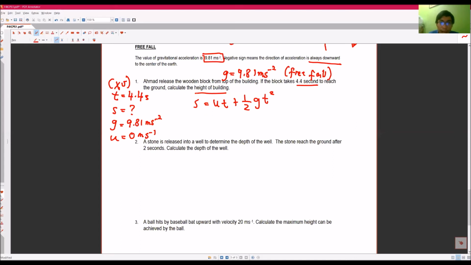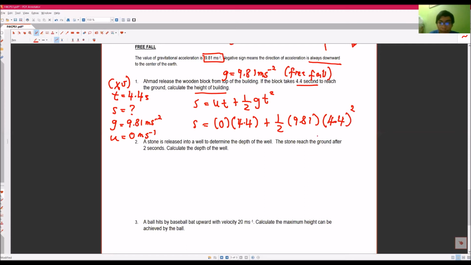Since we want to calculate the height of the building, which is the displacement actually, we just need to plug in as usual. 0 times 4.4 plus 1/2 times 9.81 times the time 4.4.